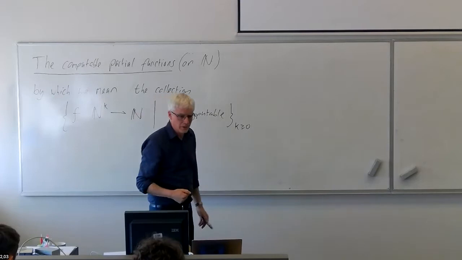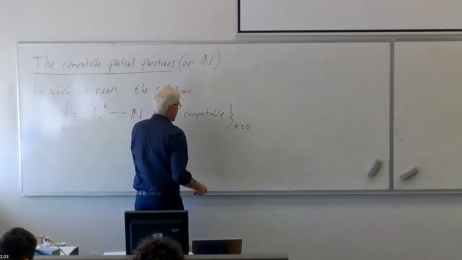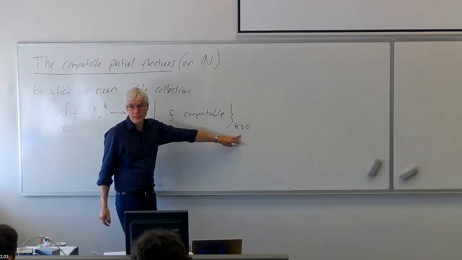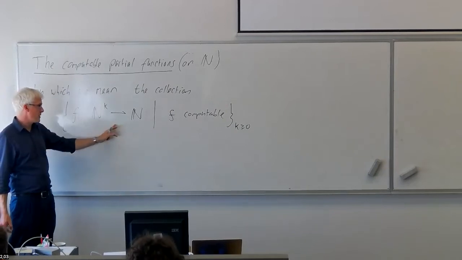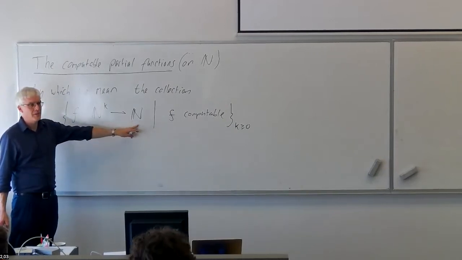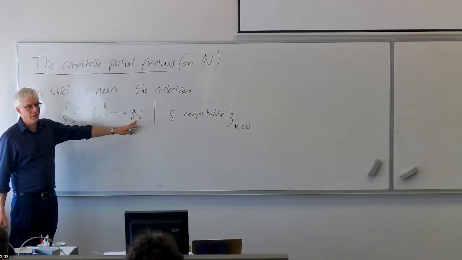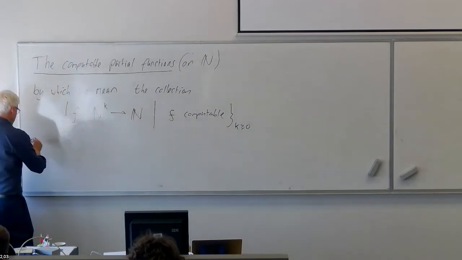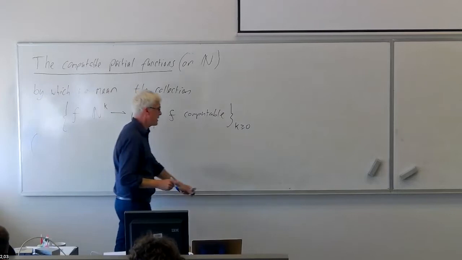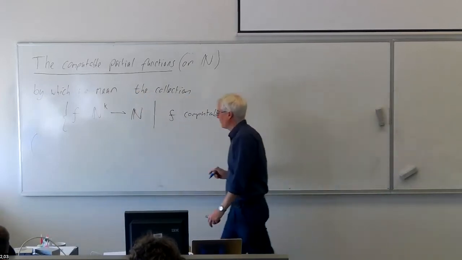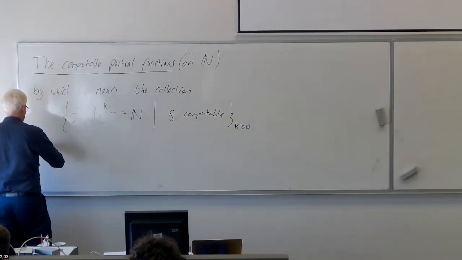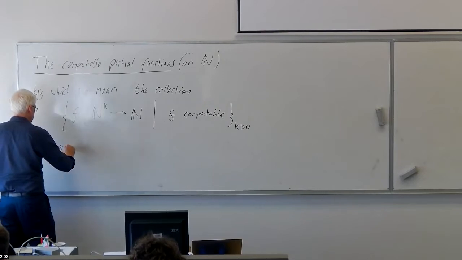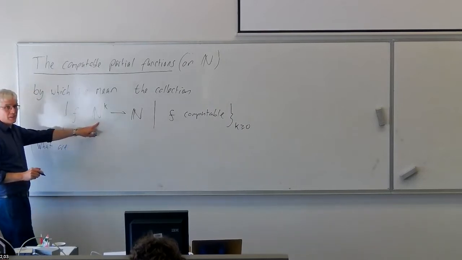Before going on with this, notice that I've included the case k equals 0. I'm including partial functions from a 0-tuple of natural numbers to natural numbers. I'll answer this question later on today, so don't worry about it too much. But just to get your instinct going, so to speak, to get you thinking about the right sort of thing, and probably many of you know immediately the correct answer to this: what are the computable partial functions in the case k equals 0?